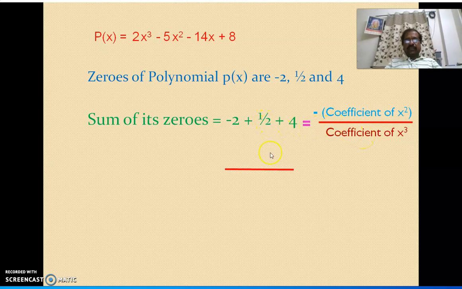Now take LCM, which is 2: minus 4 plus 1 plus 8. This is equal to, coefficient of x square is minus 5 and coefficient of x cube is 2. Simplification: 8 plus 1 is 9, 9 minus 4 is 5 by 2, which is equal to minus into minus, plus 5 by 2.